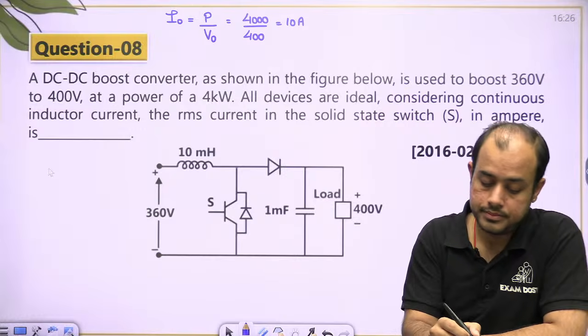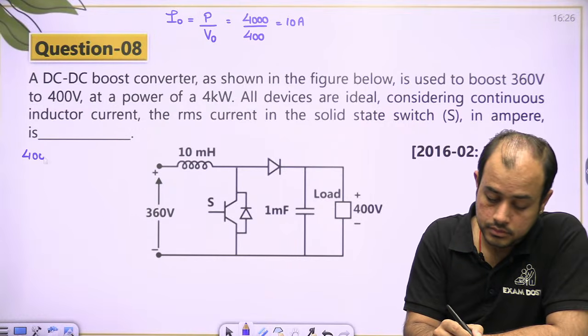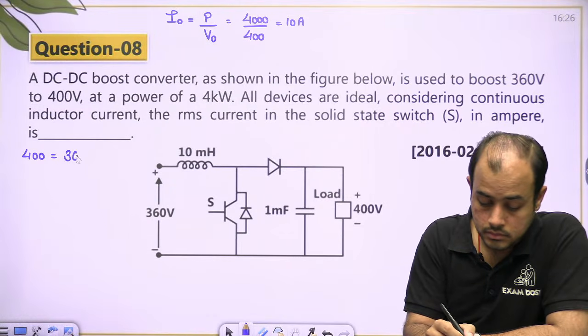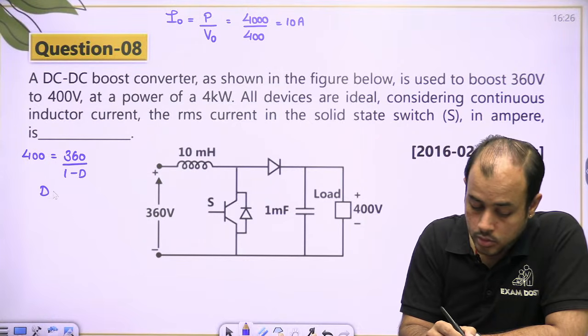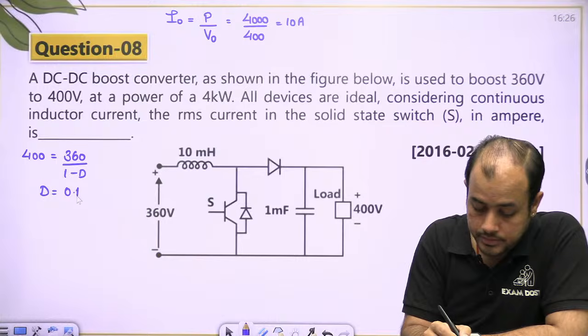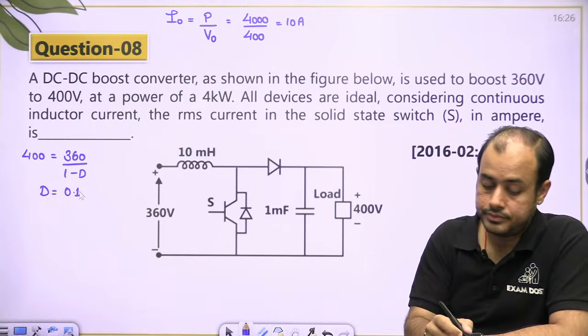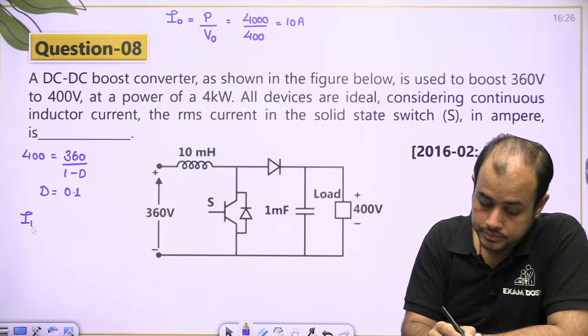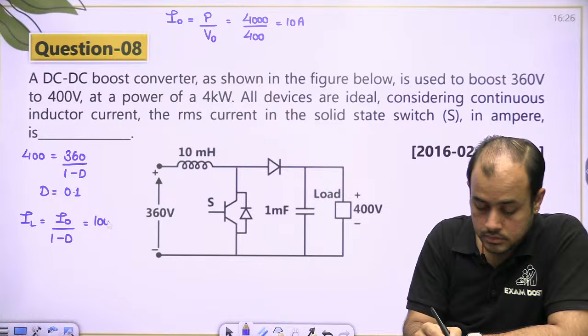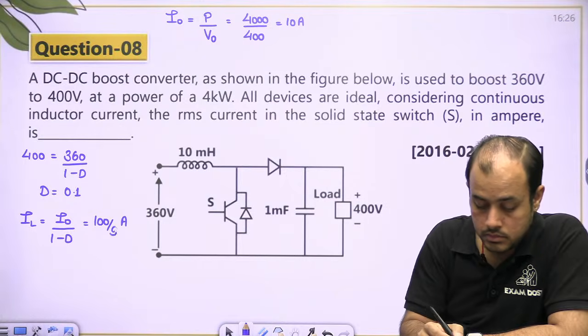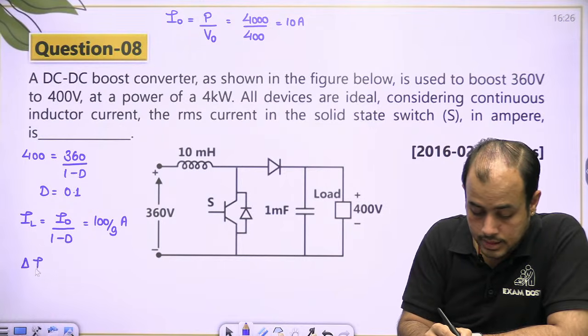Ten ampere. Duty cycle is 0.1. Okay. Delta IL.